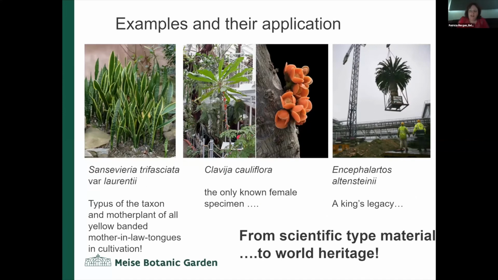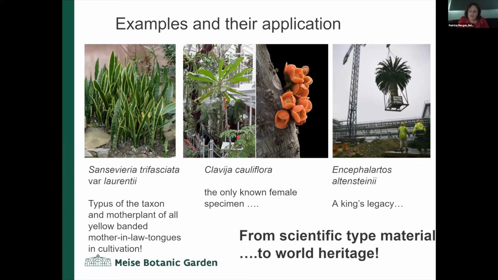As an example of how important they are for cultural heritage, some living specimens have an important historical background, like for example the mother-in-law's tongue plant with the yellow band, which was only found once in a forest in Africa. It's believed that the plant still multiplied in the garden is at the origin of all the plants now existing worldwide from this species.